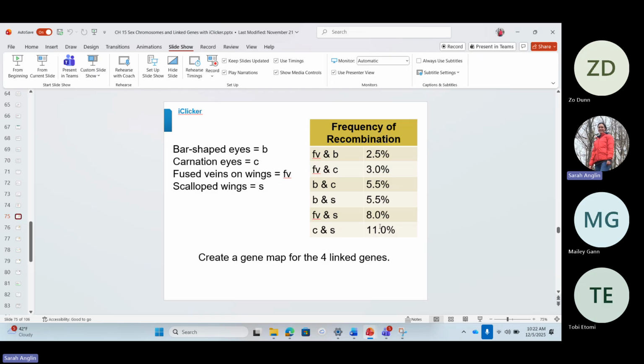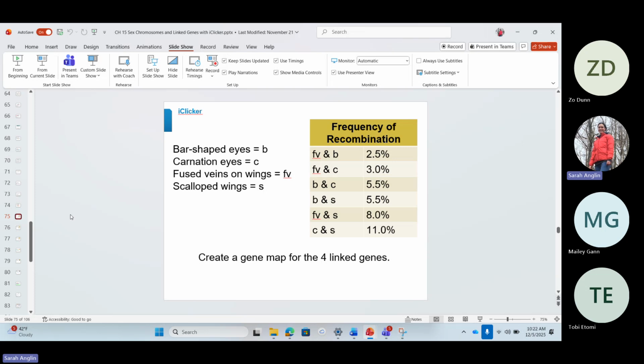Okay, so there was an 11% chance, well, it's not really a chance, it's what the scientists observed, that 11% of the time, C and S, there was a higher chance of recombination taking place with these two genes.